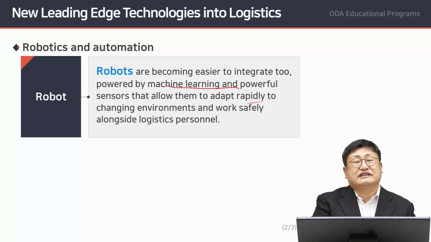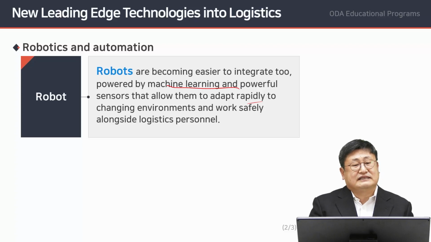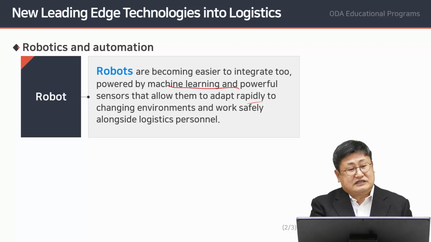However, there's a general understanding and concept of this new leading-edge technology in this chapter, in order to better understand what's going on in the business, the worldwide basic business environment, the logistics side as well. This is why you are here to study robotics and automation and the other factors, okay?